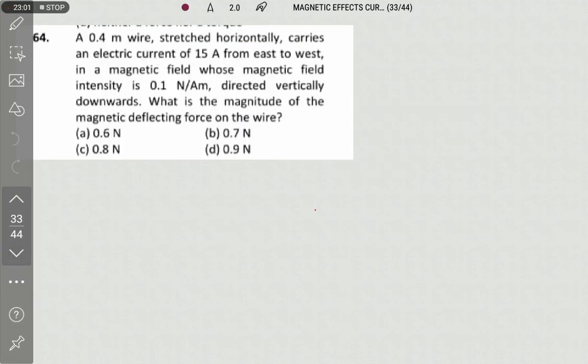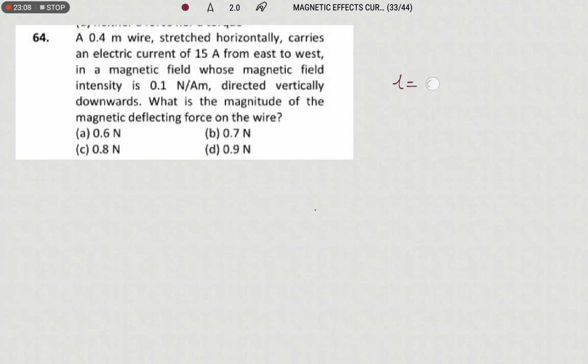A wire of 0.4 meter length stretched horizontally carries a current of 15 ampere in the direction of east to west, in a magnetic field whose magnetic field intensity is 0.1 Newton per ampere meter, directed vertically downwards.